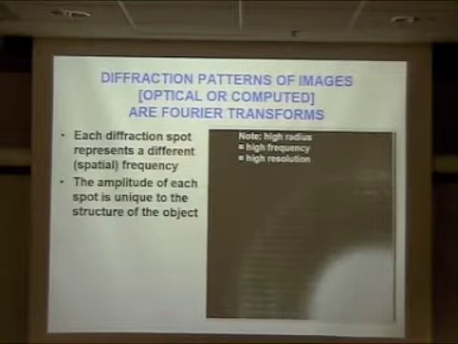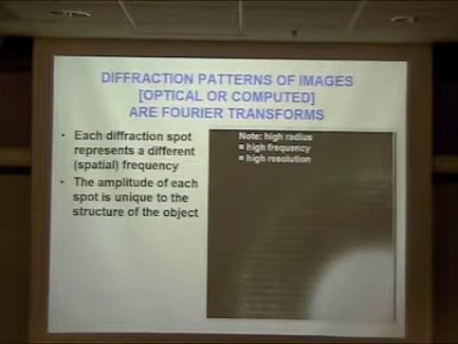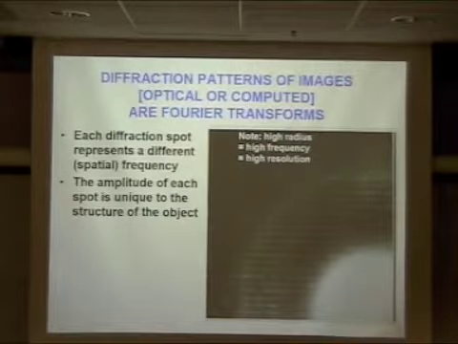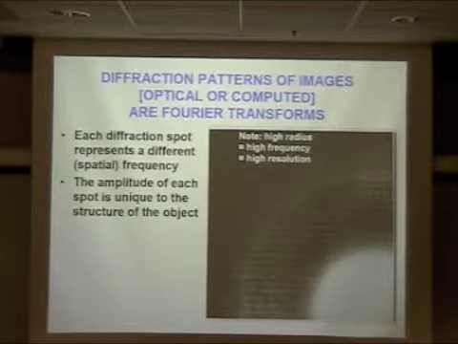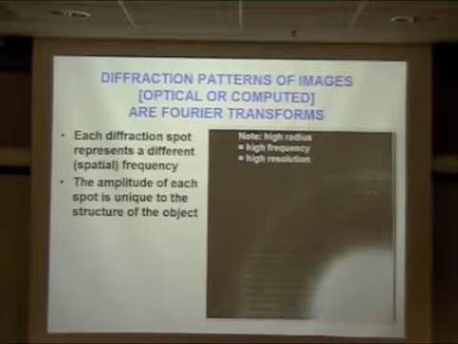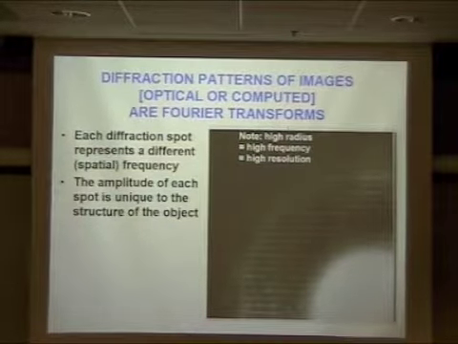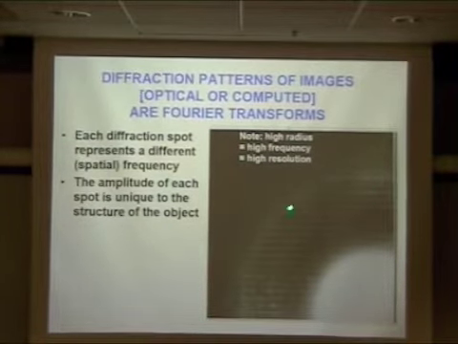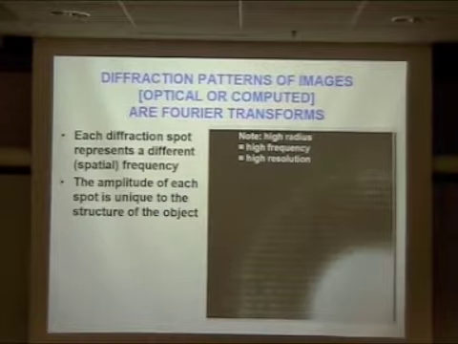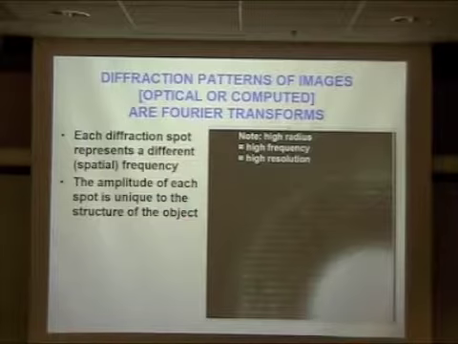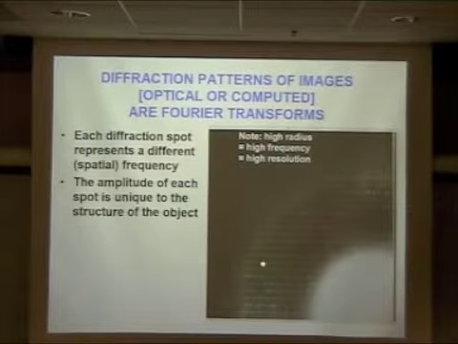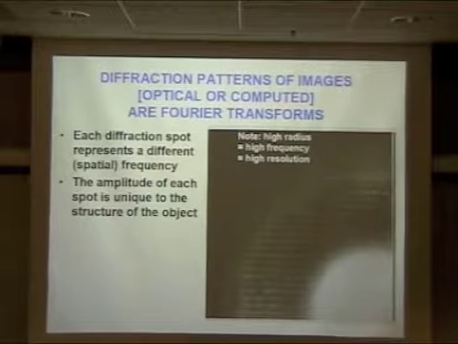But what we commonly think of as a diffraction pattern is a Fourier transform. And so in an electron diffraction pattern, or in a computed diffraction pattern of an image, let's say, every diffraction spot represents a different spatial frequency. And the amplitudes of these spots vary quite a lot, from bright ones to dim ones.